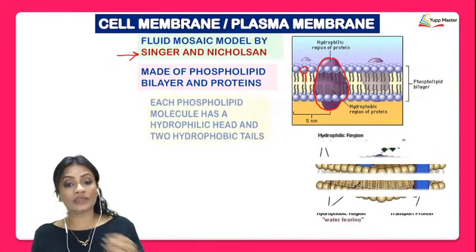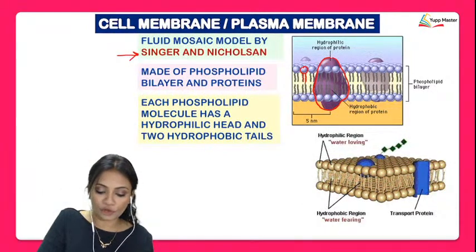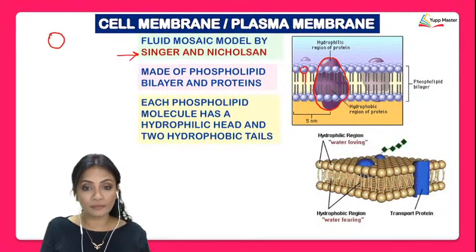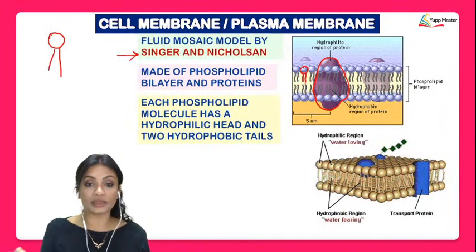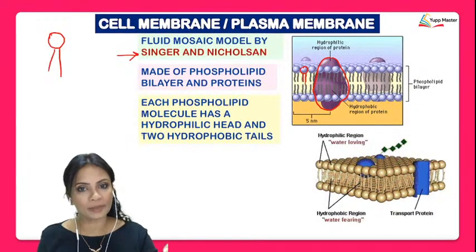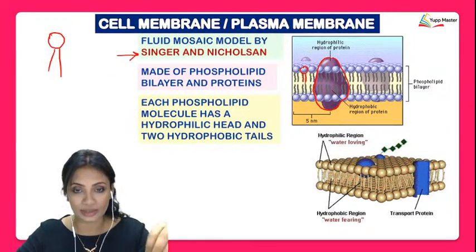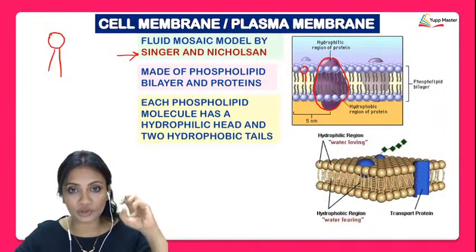Now we see that when we're talking about only the phospholipid, it has a head and two tails. The head part is the phosphate part, the tail part is the lipid part, and the head is the part which allows water to come in.